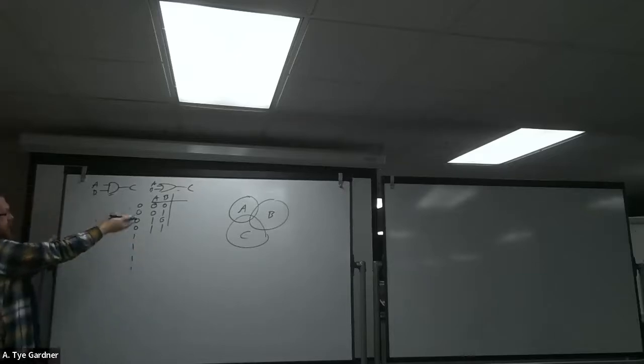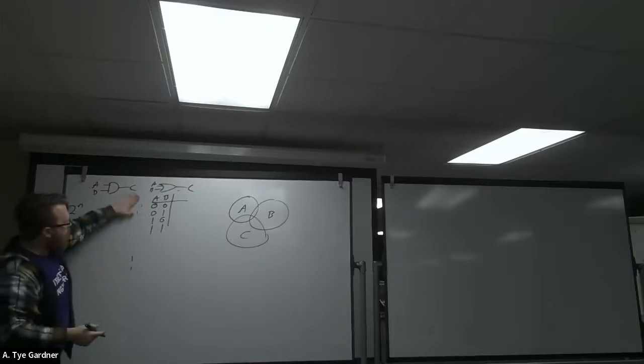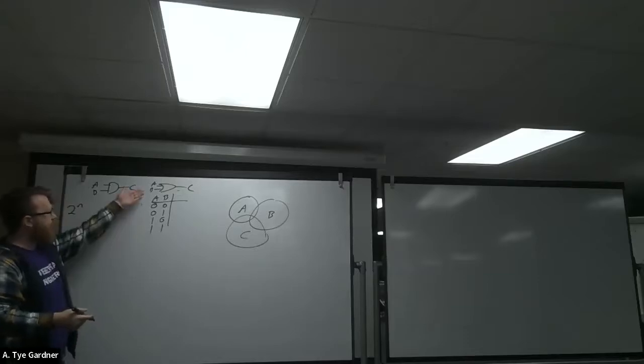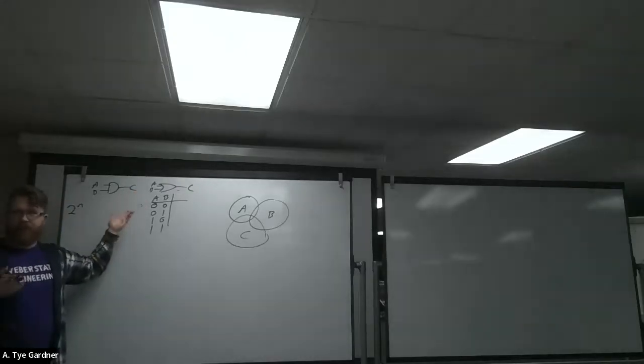Because anything digital is going to have this 2 to the n location. In relation to us, n usually means bits. So 2 to the 3, if there were 3 different signals, would be 8. There are 8 rows, right? That's all this is saying. Well, in this OR gate, we only have 2 variables, therefore 4 rows, 2 to the 2 is 4.